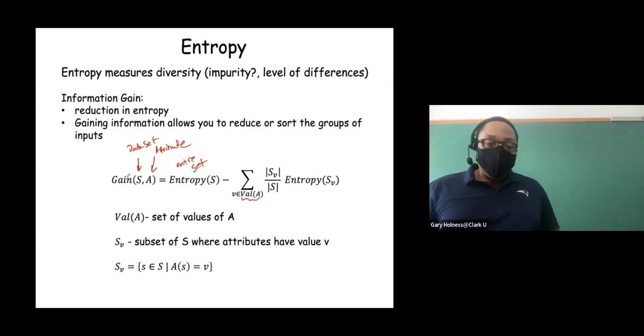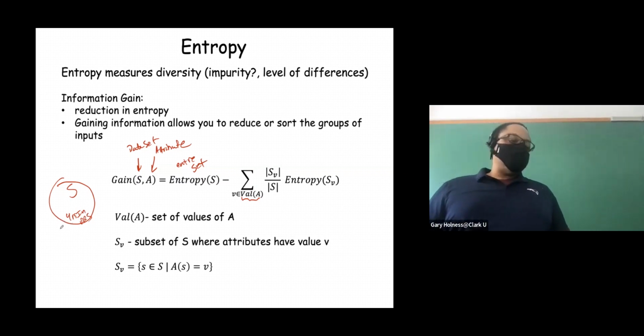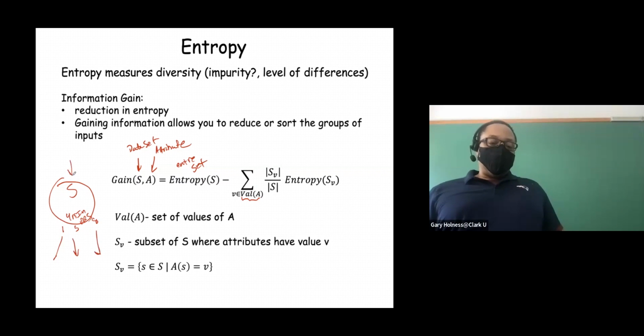So you start out with S, your original data, and you look at an attribute, let's say years in residence, and the resulting values, let's say years in residence is 1, years in residence is 5, years in residence is 8, that's going to result in your original input set of data being partitioned into subsets of data.